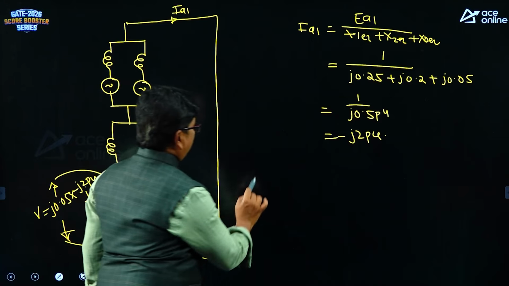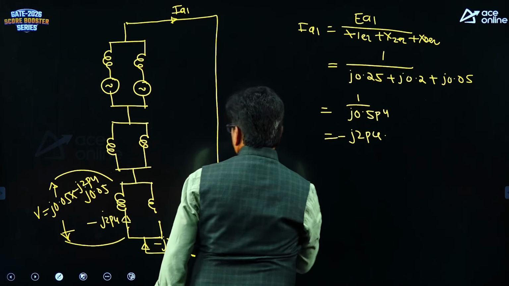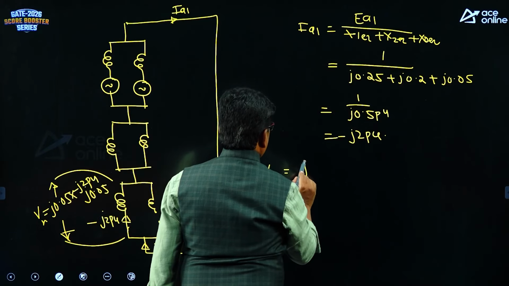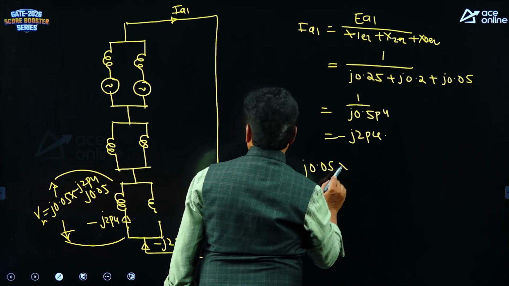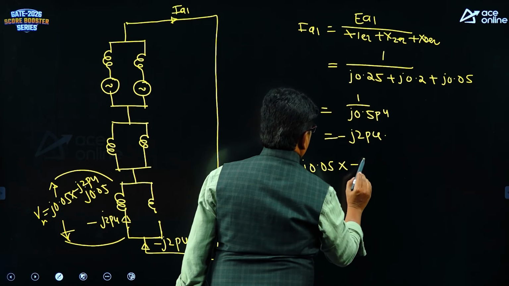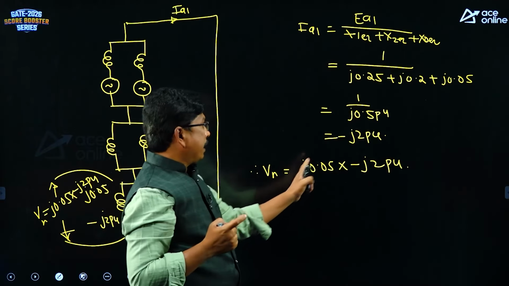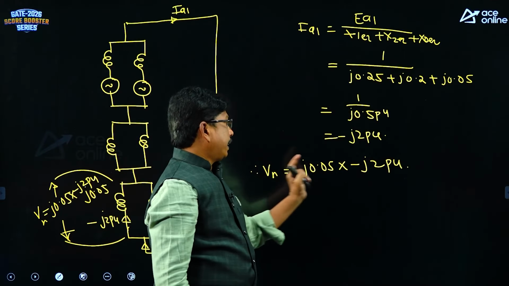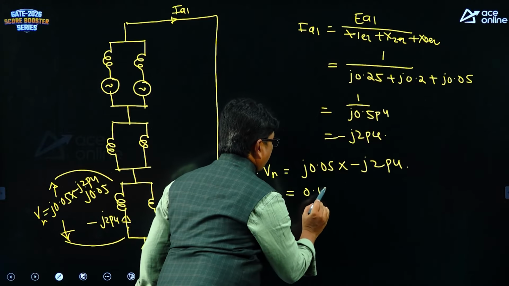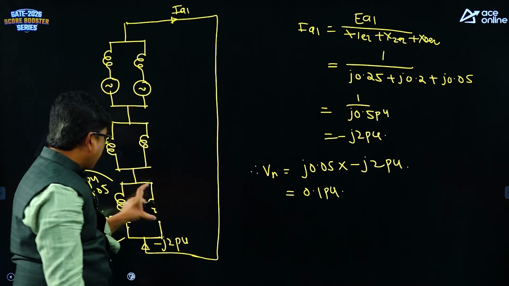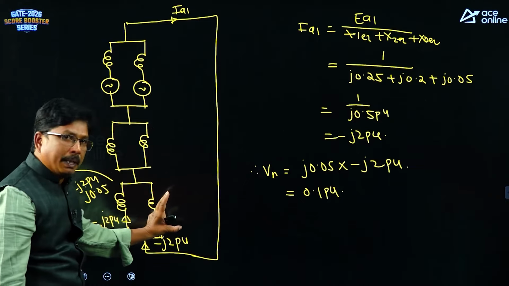Calculate that value, students. Therefore, voltage across the neutral Vn is J 0.05 per unit into minus J2 per unit. J into J, J square minus, minus into minus plus. 2 5s are 10, it is 0.1 per unit. They are asking the actual value. Voltage across the isolated neutral, this total voltage will appear here.